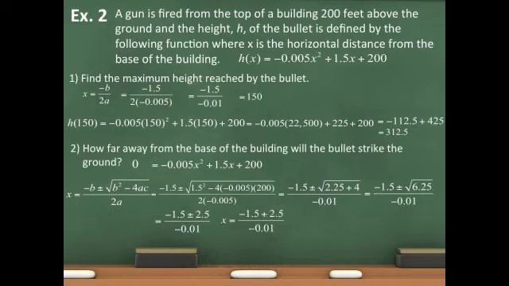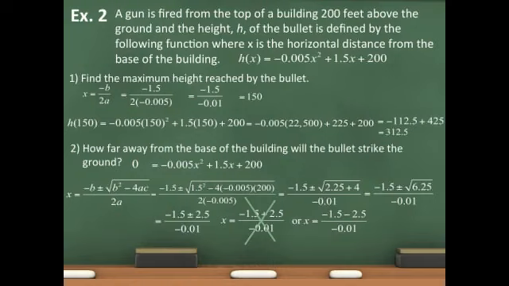x equals negative 1.5 plus 2.5 divided by negative 0.01, and x equals negative 1.5 minus 2.5 divided by negative 0.01. The first solution will give a negative answer, since negative 1.5 plus 2.5 is 1, and 1 divided by negative 0.01 is negative.